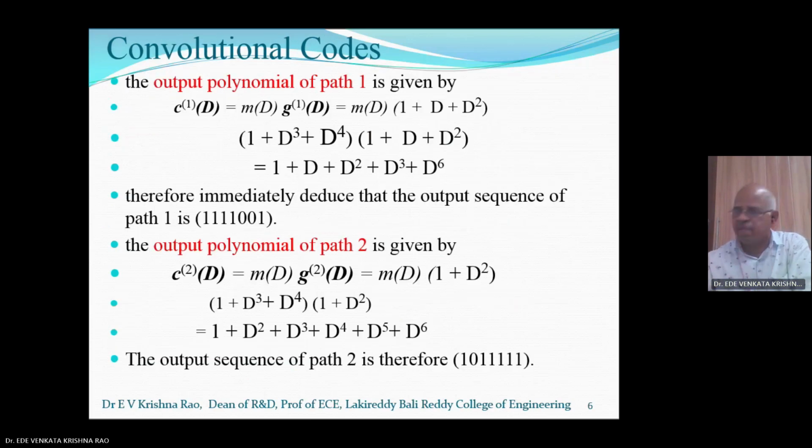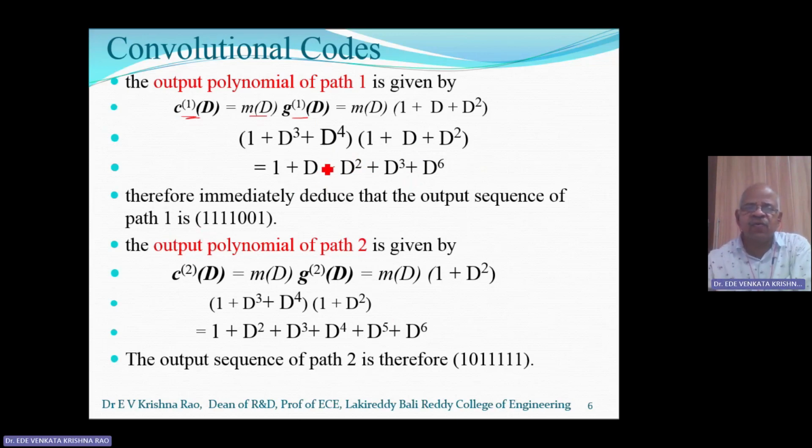By multiplying the message polynomial and the generator polynomial, code output 1 is obtained. Because of modulo additions, D plus D equals 0, D square plus D square equals 0, and after simplifying, you get this code word.